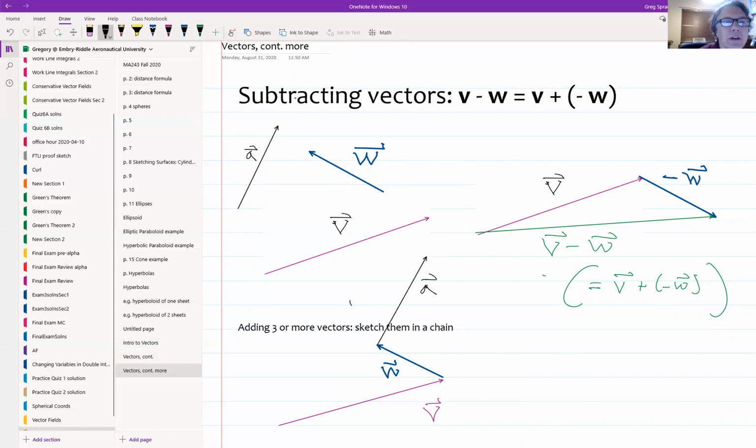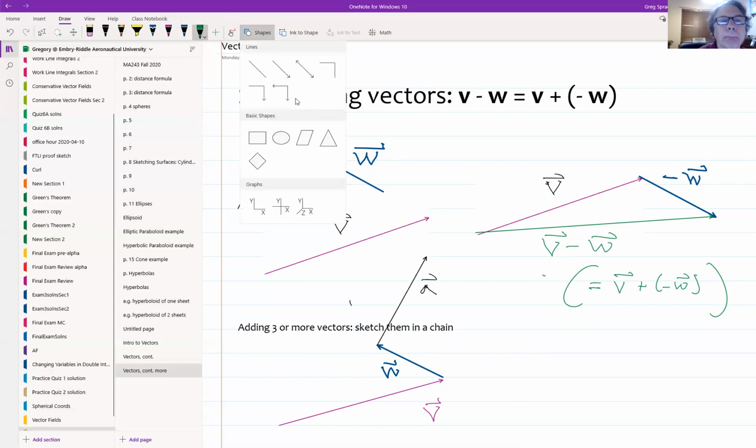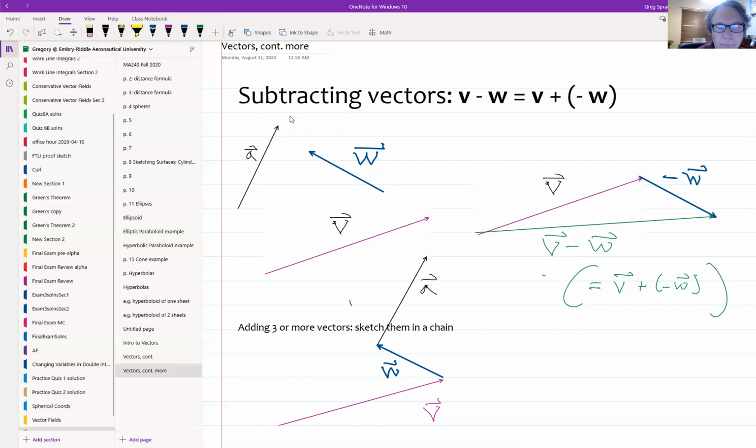Now for V plus W plus A. Have to say plus. VWA isn't a thing. So V plus W plus A. It's that long green vector.